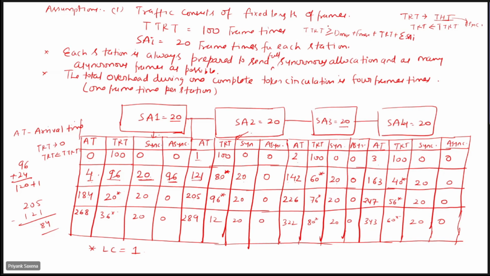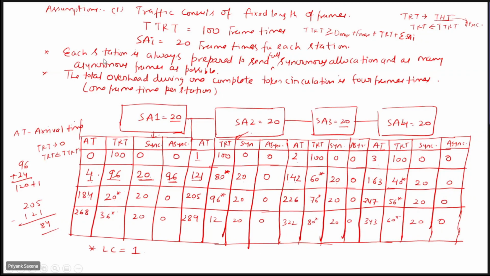Token will never take more time than this, okay? So synchronous allocation is defined for each station. We have 4 stations: station 1, station 2, station 3, station 4, and a synchronous allocation of 20 frame times is given to each station, right?